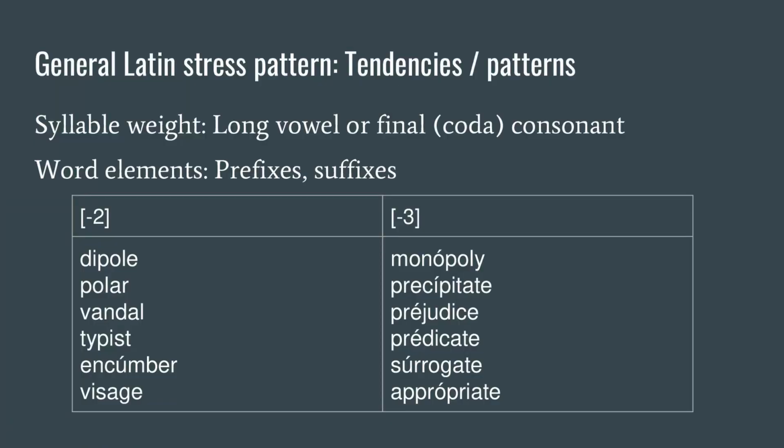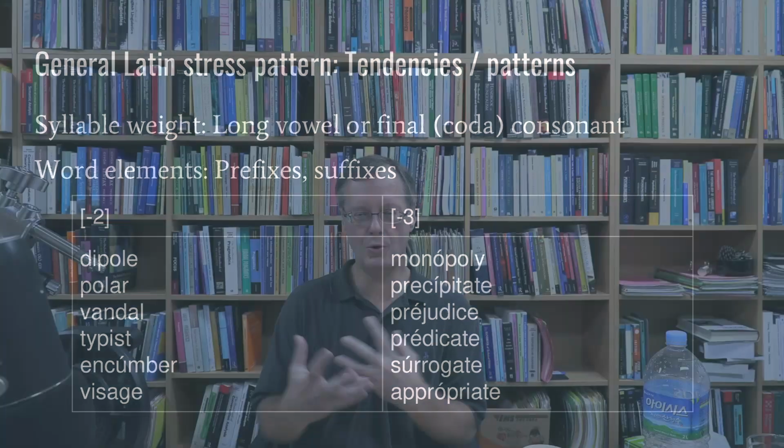But I can't give you any clear rules because it's super complicated. Sometimes it depends on what kind of coda consonant, what kind of final consonant is in the -2. Is the -2 heavier than -3, or is -3 heavier than -2? It can depend on all kinds of complexities with different prefixes and suffixes, and they don't behave the same way. Linguists have tried to understand this, they've tried to analyze this, and there are just no clear rules.